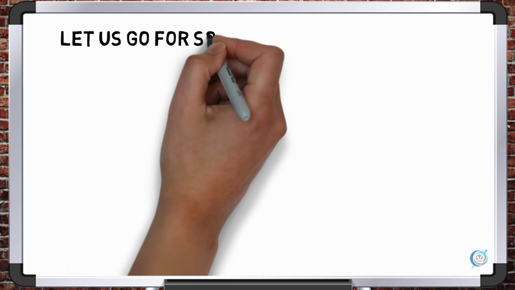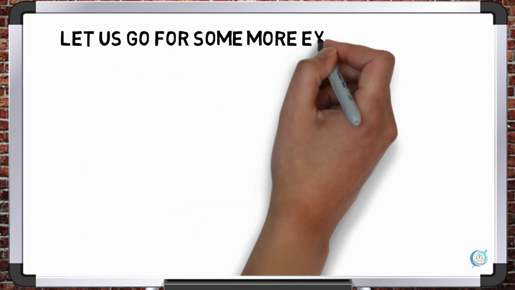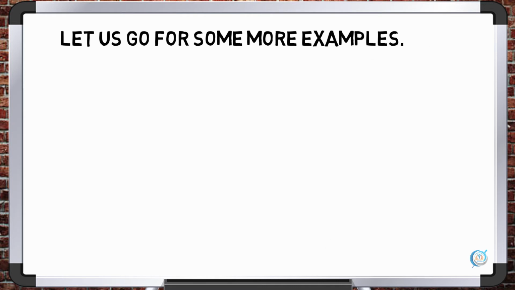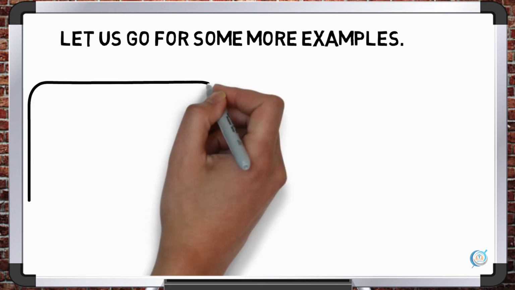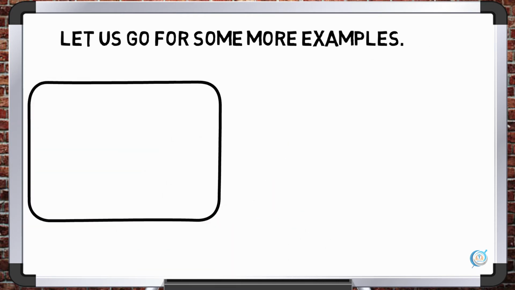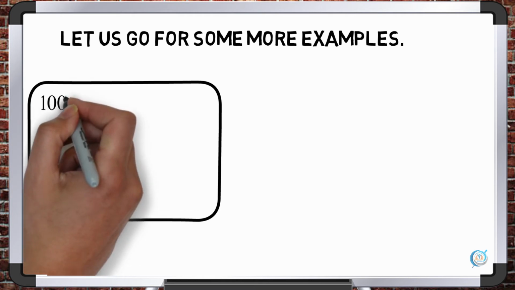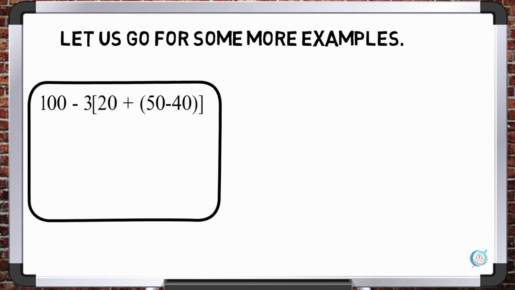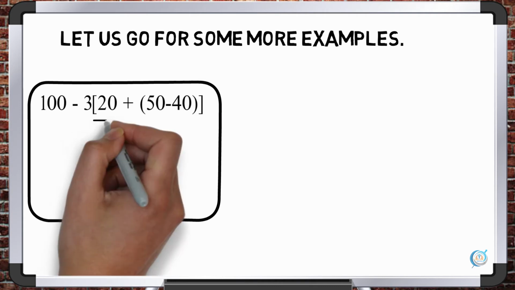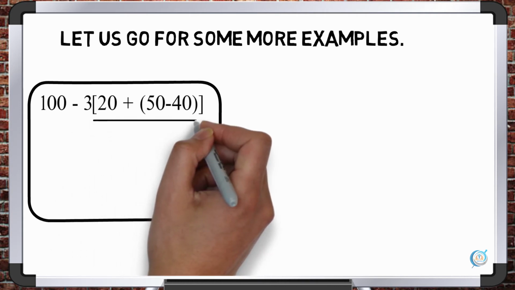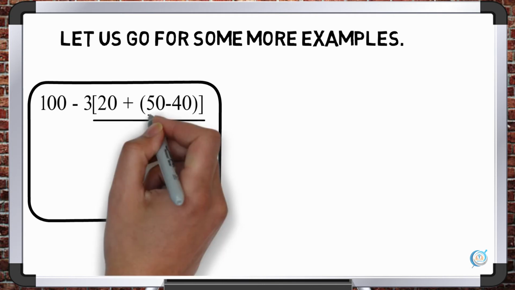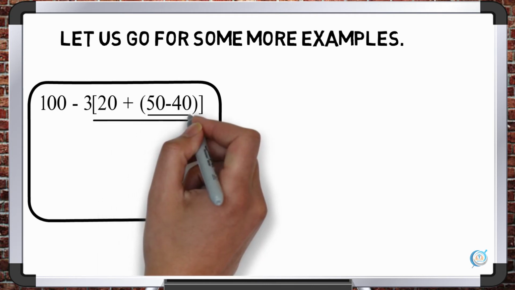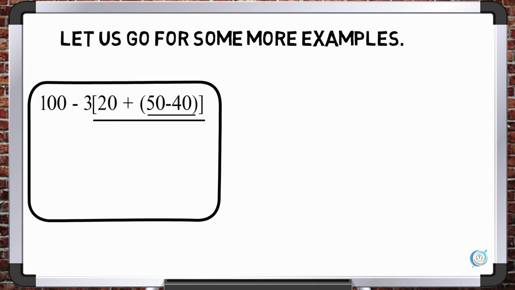Now let us go for some more examples. One question is 100 minus 3 into [20 plus (50 minus 40)]. Here two brackets are given. The first one is the outer square bracket. Inside, one normal bracket is given. So we need to do the inside bracket first.